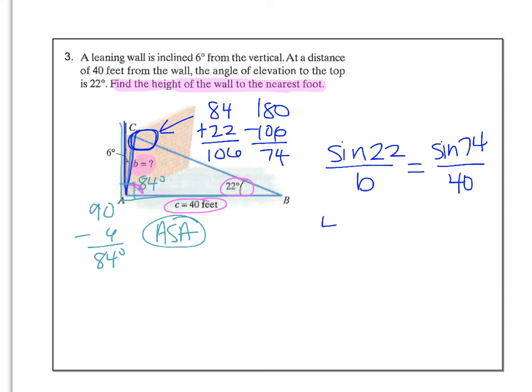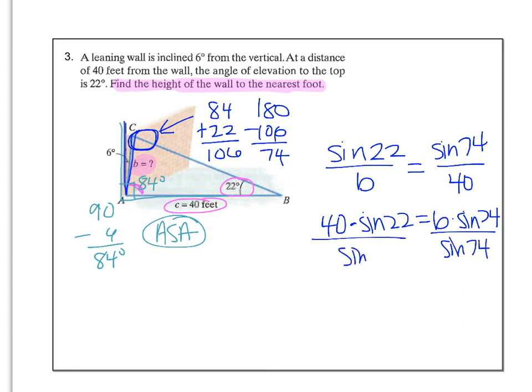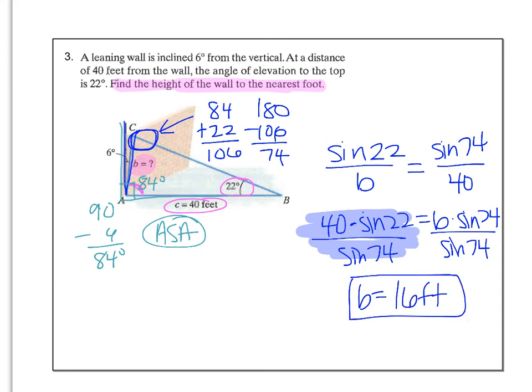And then we cross multiply and solve. 40 times the sine of 22 is equal to b times the sine of 74. Divide by the sine of 74. Type this part in your calculator, and it tells you that b is, rounded to the nearest tenth, 16 feet. Or nearest foot, 16 feet.